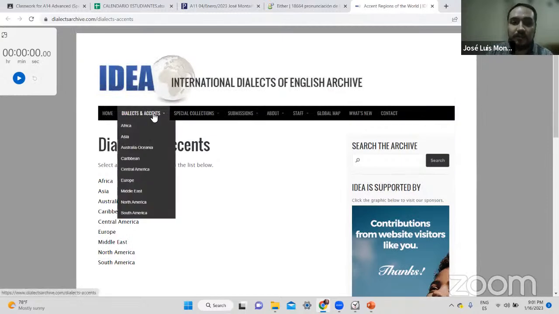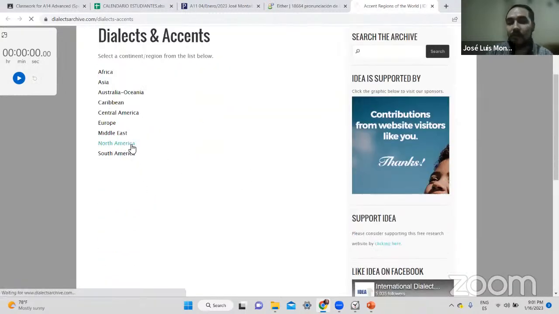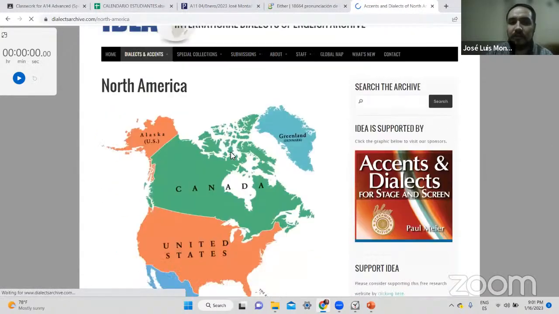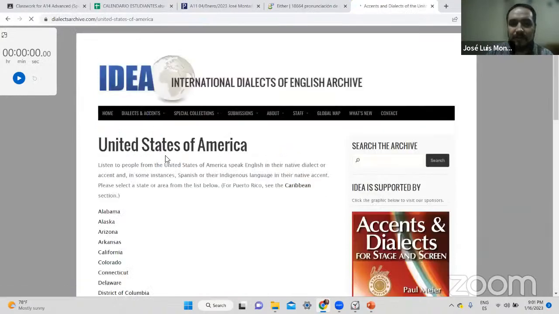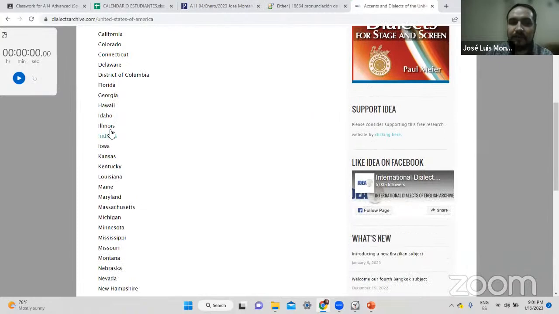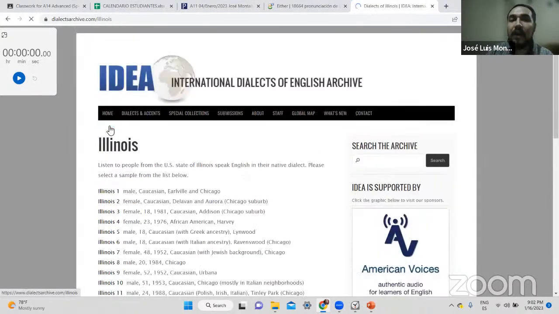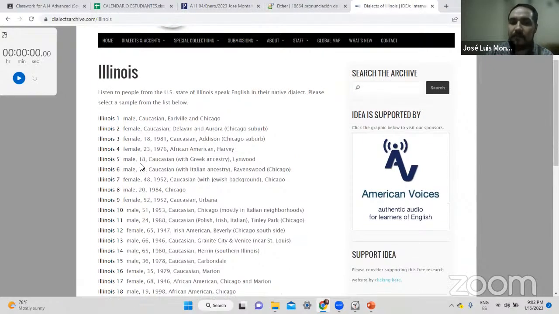And if you go to any of those, you have even more. For example, again, we're going to go to the most common, North America, and we're going to go to the United States, right? And here you select by state, and every state is going to have an example of a person reading something. Okay, and here you have male, female, and you have the age.